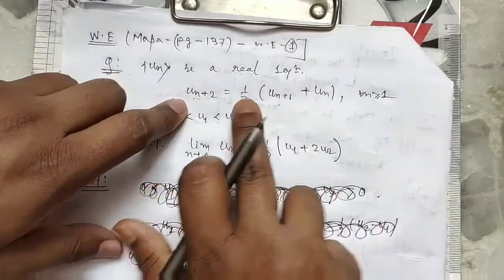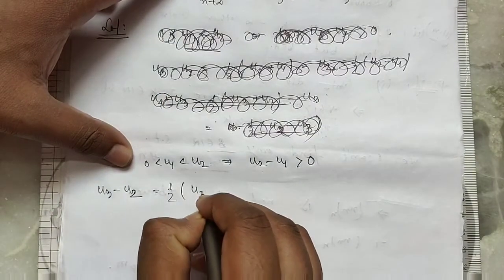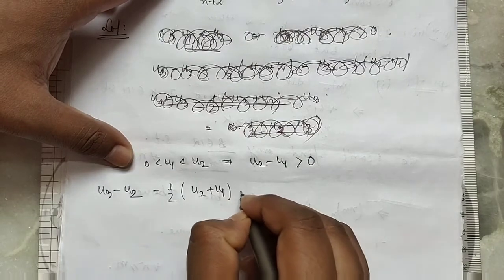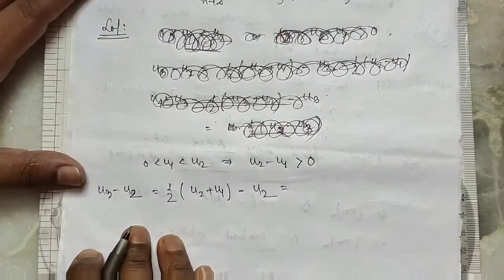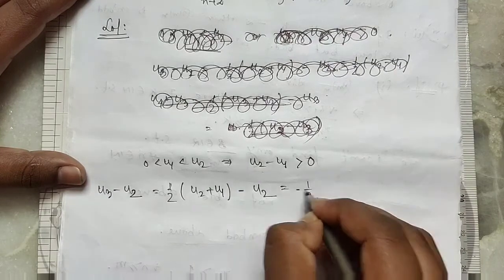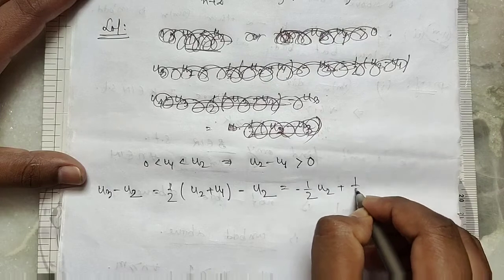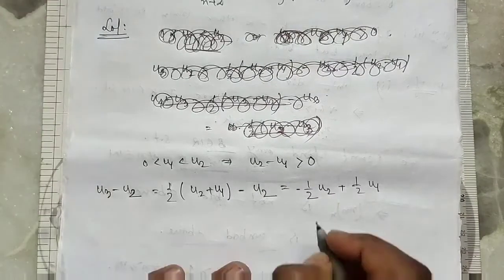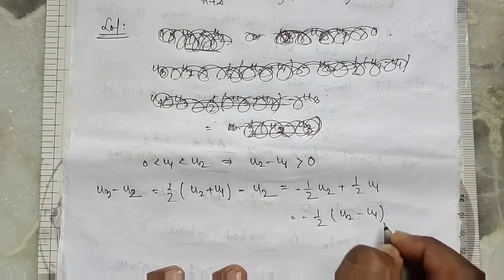So u3 minus u2 is half of (u2 plus u1) minus u2. Putting in the value of u3, this implies minus half of u2 plus half of u1, which equals minus half into (u2 minus u1).